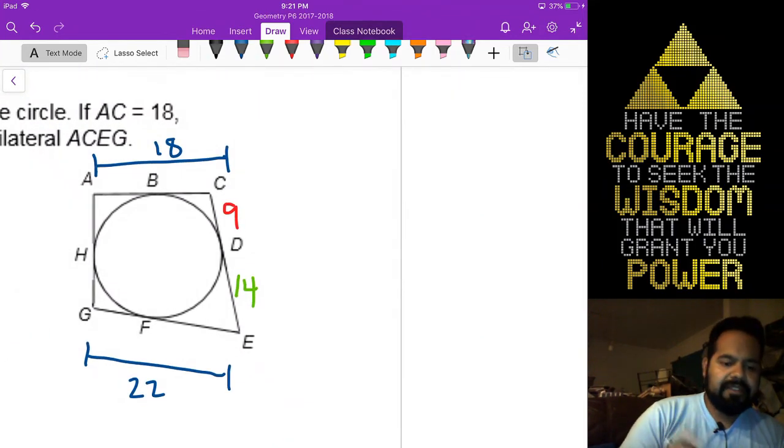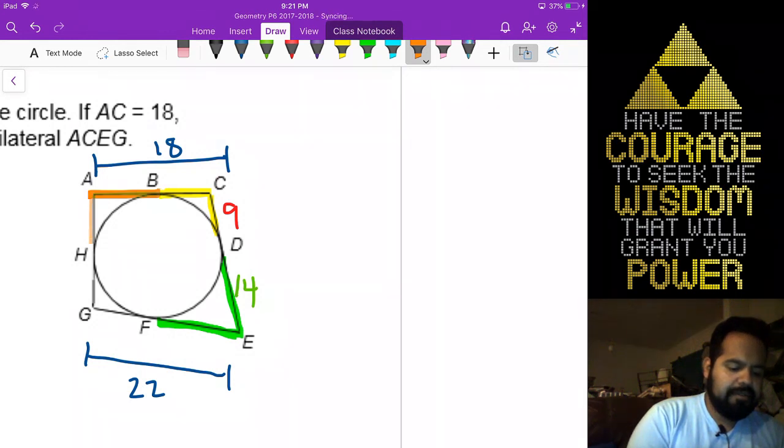Well, we got to go back to our theorem about the congruent tangent lines. These two are congruent. These two are congruent. These two are congruent. And lastly, these two are congruent.